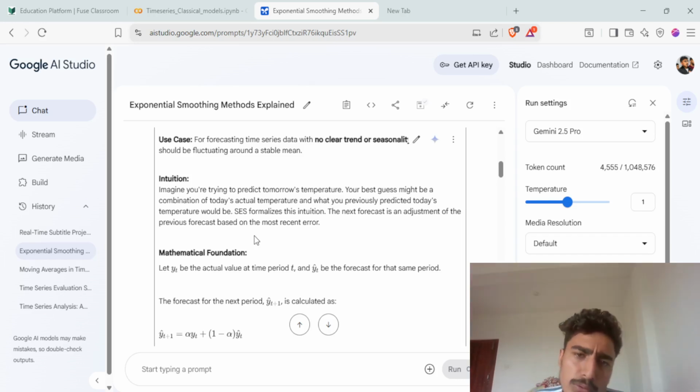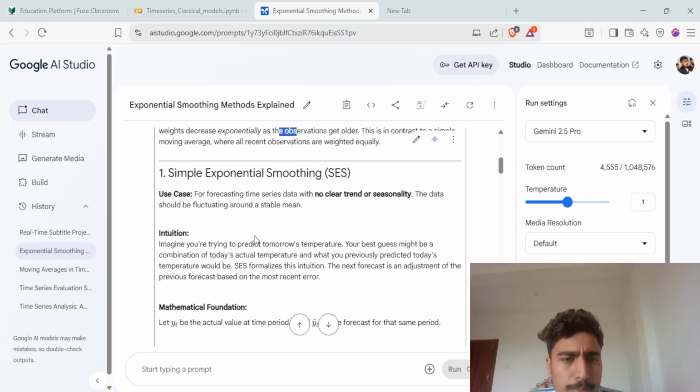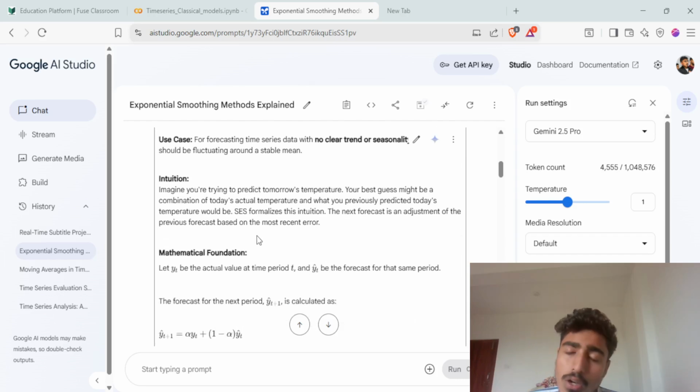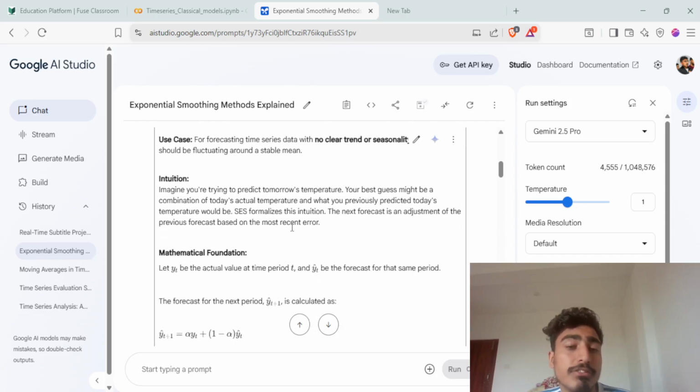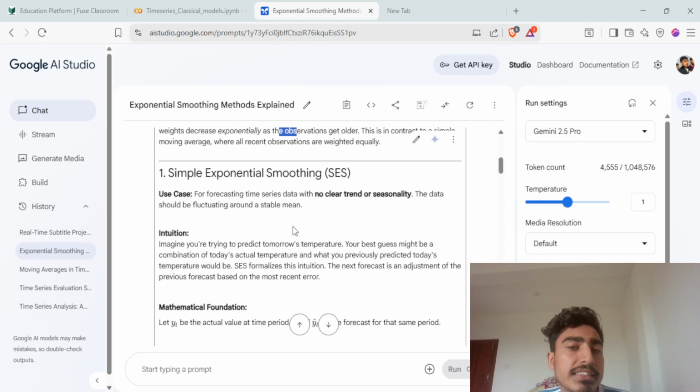That's how simple exponential smoothing works. All other exponential smoothing techniques work on this basis, but simple exponential smoothing doesn't consider trend and seasonality. That's the major difference between SES and the other smoothing techniques.